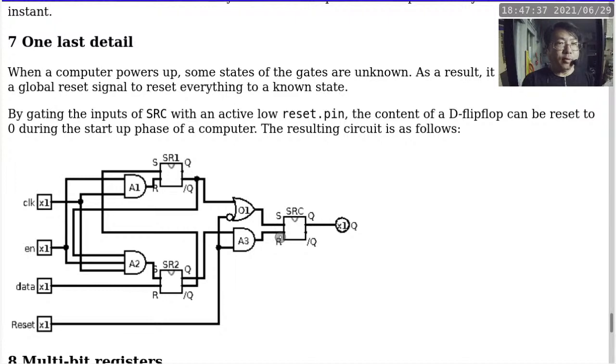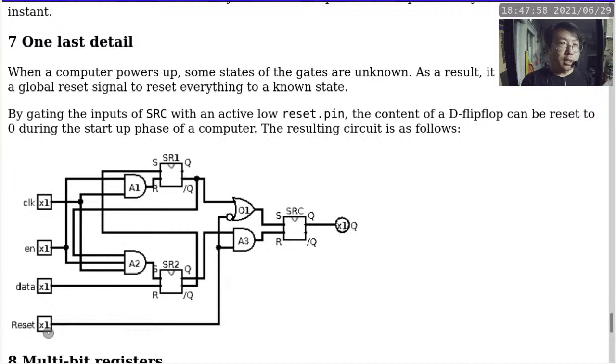From the analysis from yesterday, we now know that that will guarantee SRC to change its output Q to be a 0, and then not Q to be a 1, but not Q is not even brought out to an output pin, so we don't really care. But we know the output Q is going to be a 0.